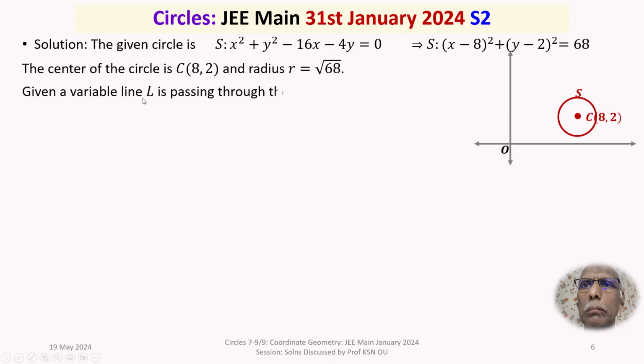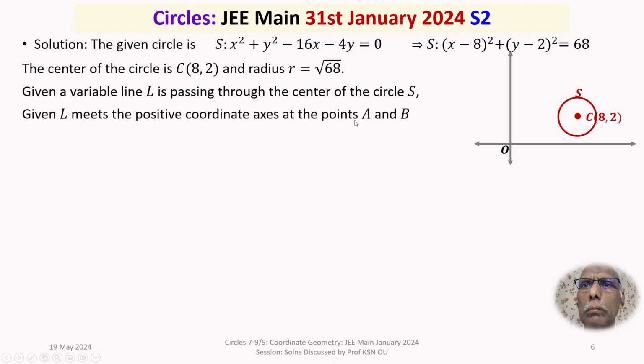Given a variable line L is passing through the center of the circle S. We have a line L, but it is a variable line. It goes on varying, and this line L is passing through the center of the circle C, 8, 2, and meets the coordinate axis at A and B. So given L meets the positive coordinate axis at the points A and B, A here, B here.